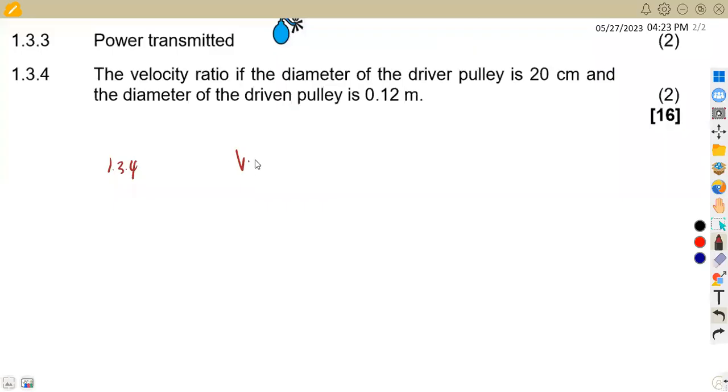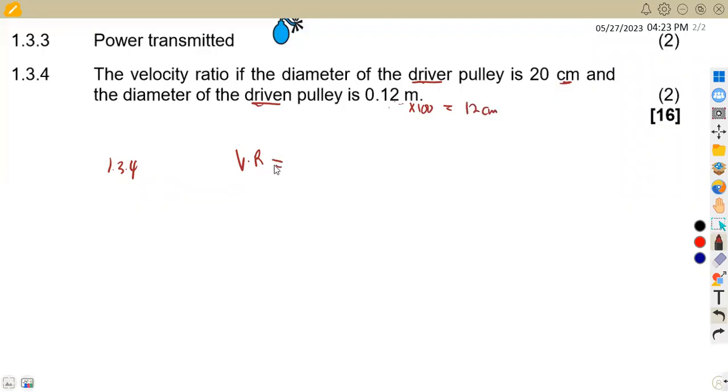We are asked to calculate the velocity ratio given the diameter of the driver pulley and the diameter of the driven pulley. Okay, so this is what we have taken note of. This is in centimeters. So it's either you convert this to centimeters or you convert everything to meters. So this can easily be converted to centimeters by multiplying by 100. So that is 12 centimeters for the driven pulley.